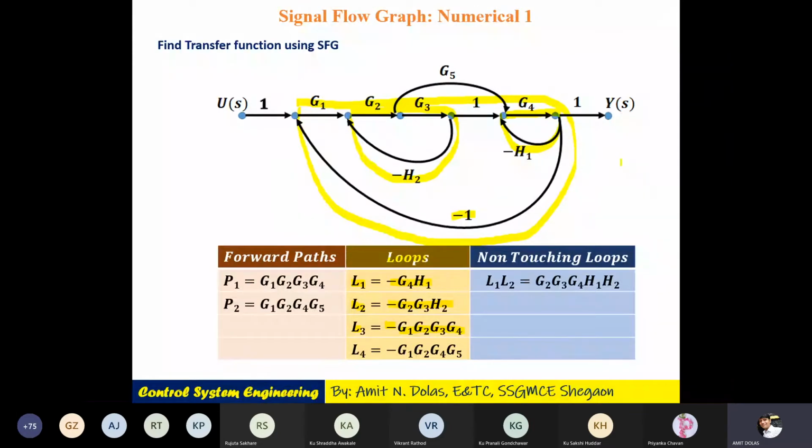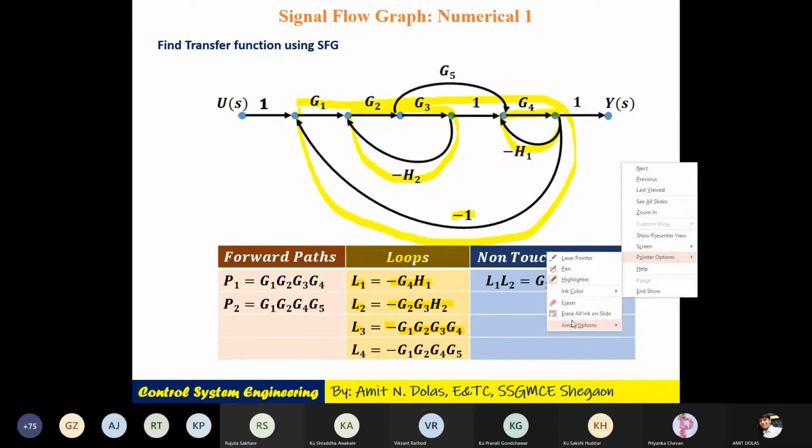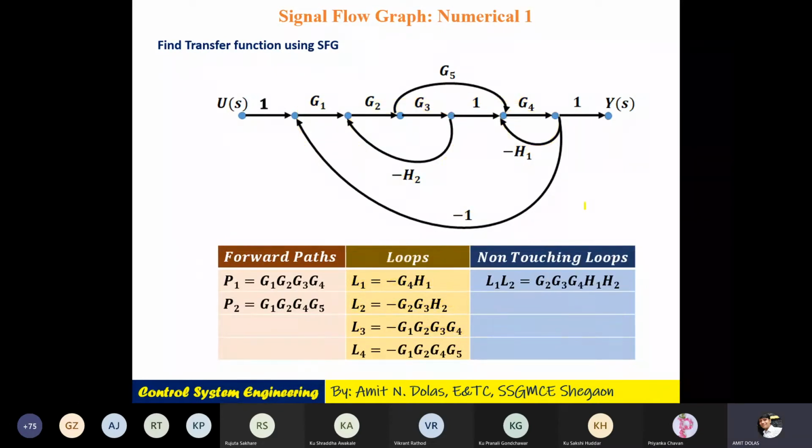Then one more loop is there. Look carefully. The loop is G1, G2, then G4 and G5: G1, G2, G5, G4.